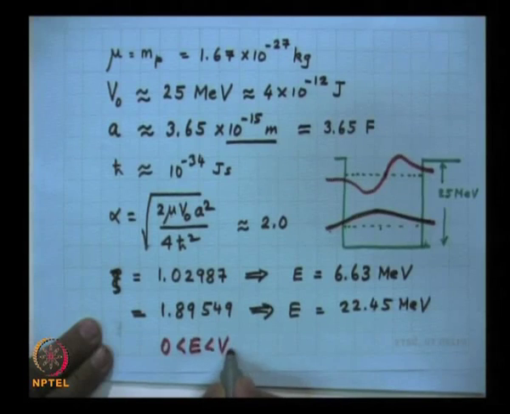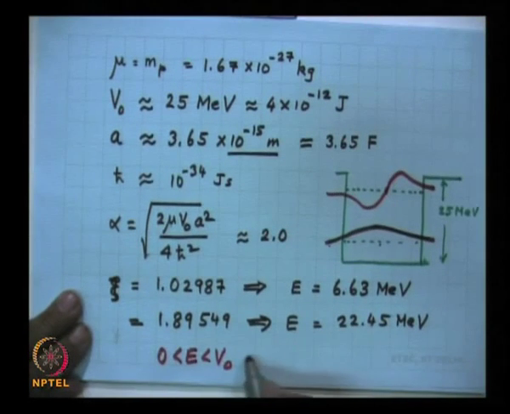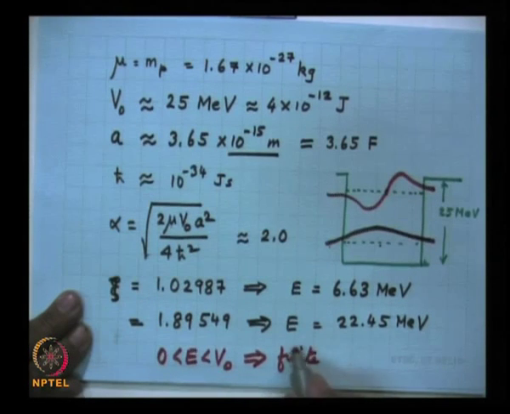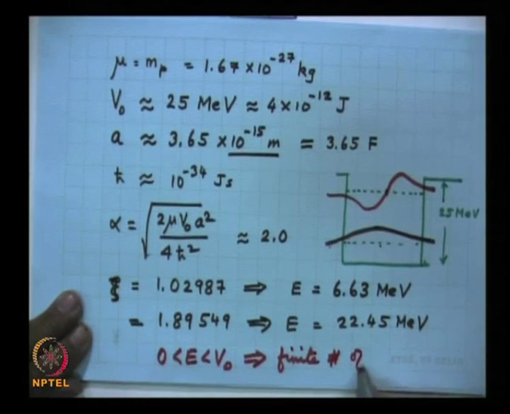I would like to conclude this discussion by mentioning that we have considered only 0 less than E less than V 0, and we have shown that we will have a finite number of discrete states.